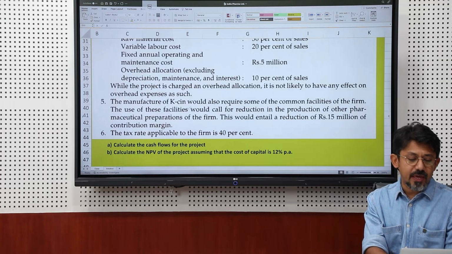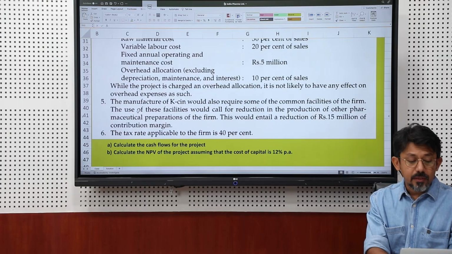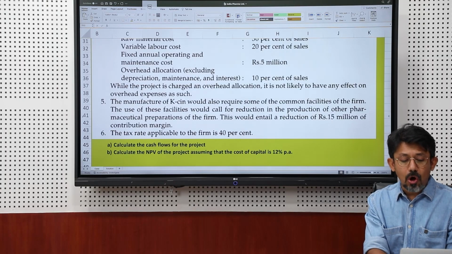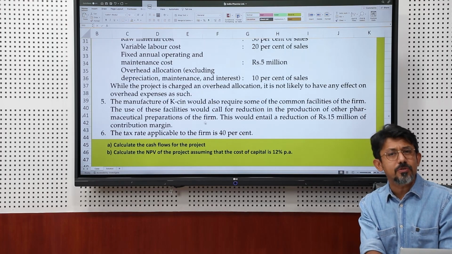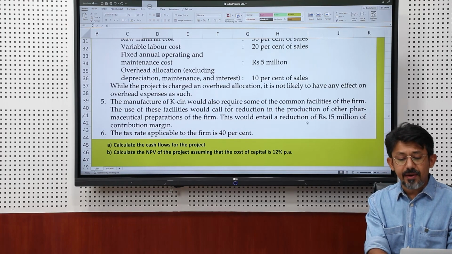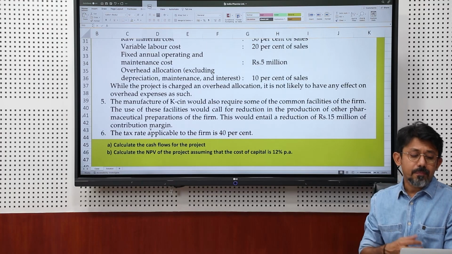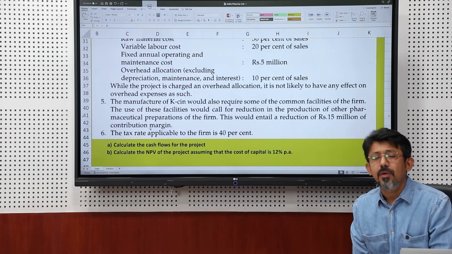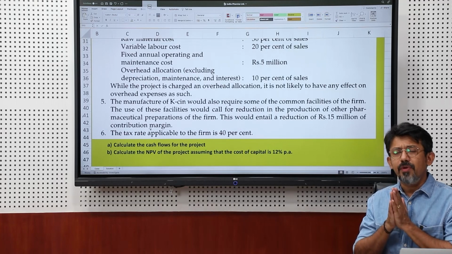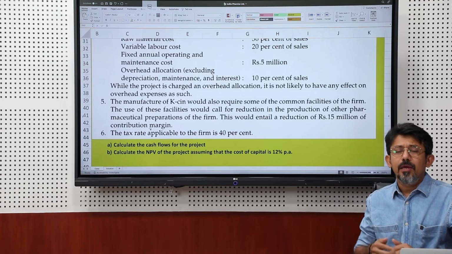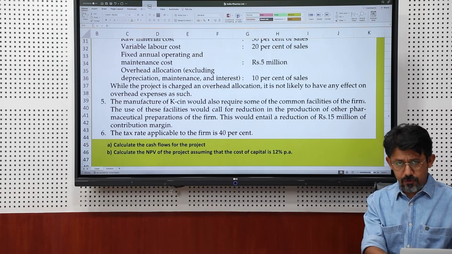The manufacture of Casin would also require some of the common facilities of the firm. The use of these facilities would call for reduction in the production of other pharmaceutical preparations of the firm. This would entail a reduction of 15 million of contribution margin. Now, this is a point which exemplifies the concept of opportunity cost. You are told that when you launch this new product, you will end up using some of the common facilities of the firm.